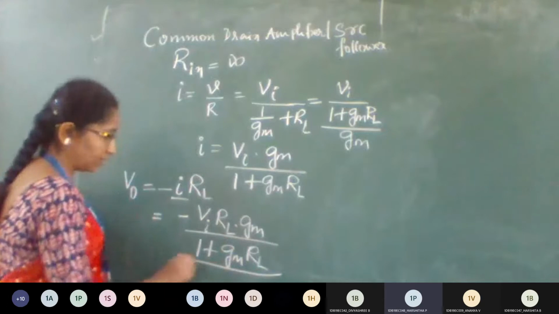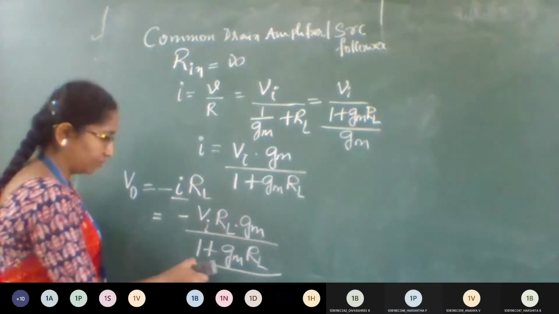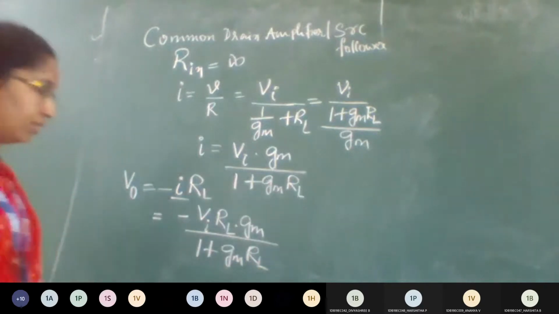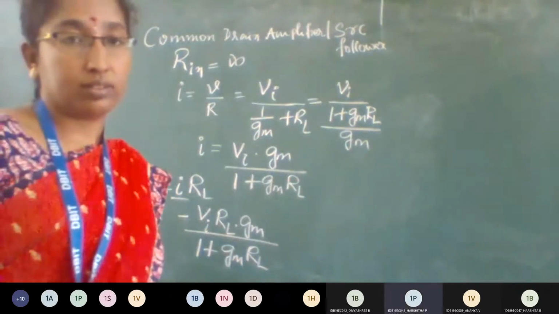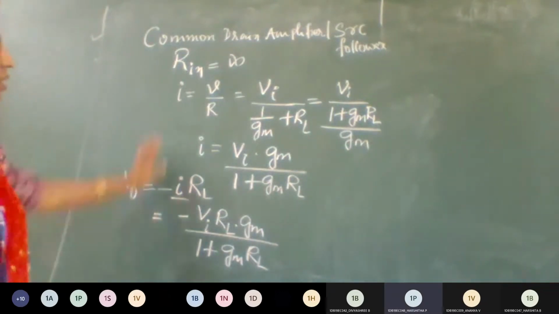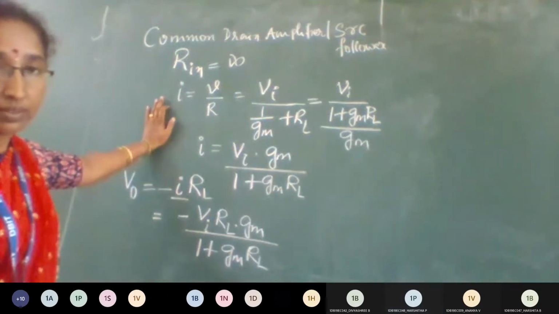Whole divided by that, that's it. This is the output voltage. Now we need to find Av, output by input.